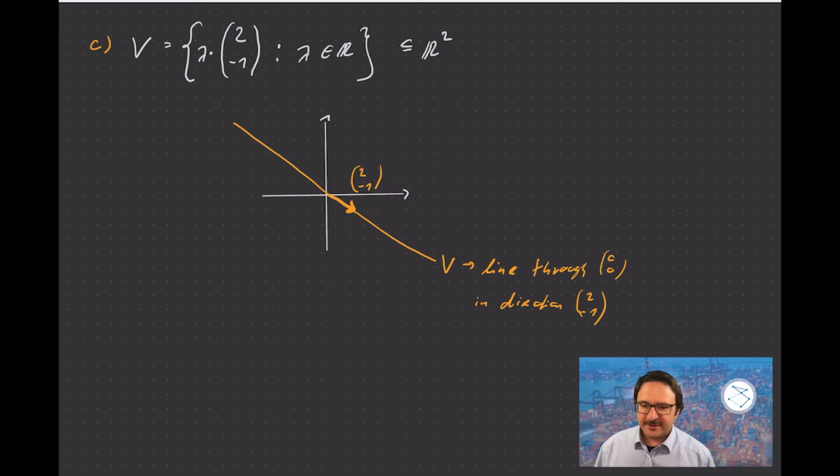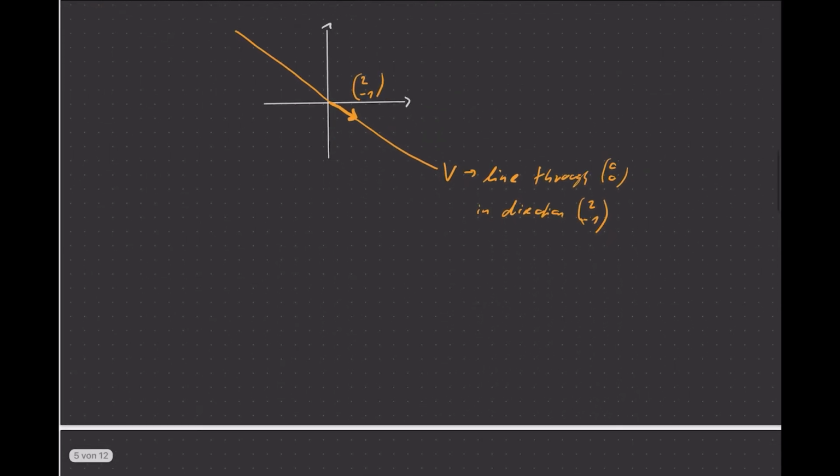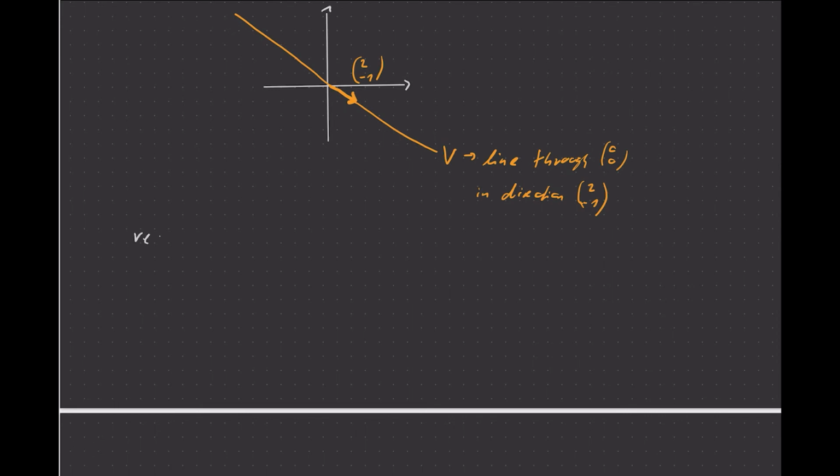And now we can of course ask, is this a vector space? Well, we would have to equip it with an addition and a scalar multiplication once again. And we can easily do this by just taking the definitions from R^2. So vector addition and scalar multiplication are defined as in R^2.